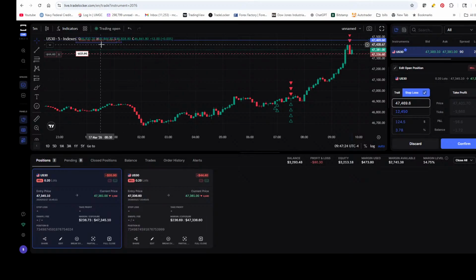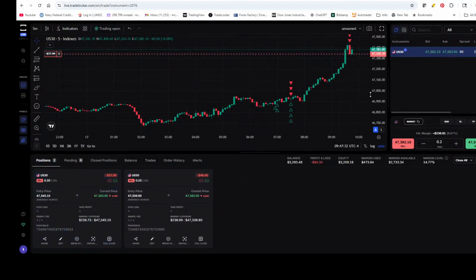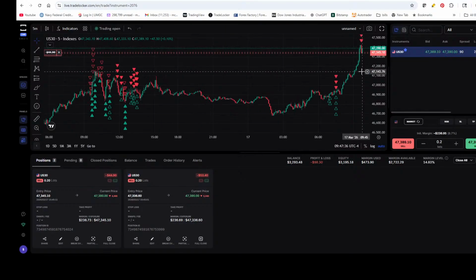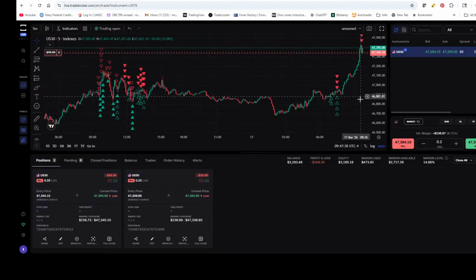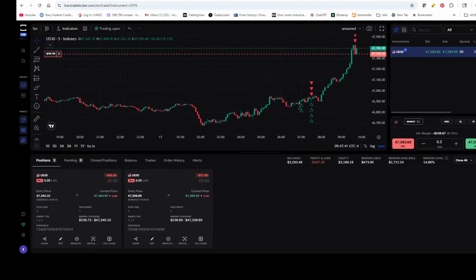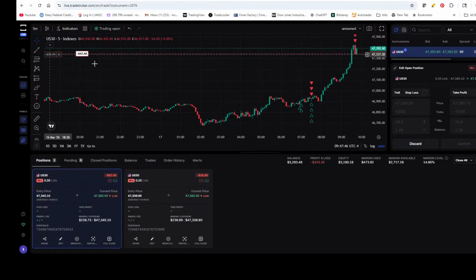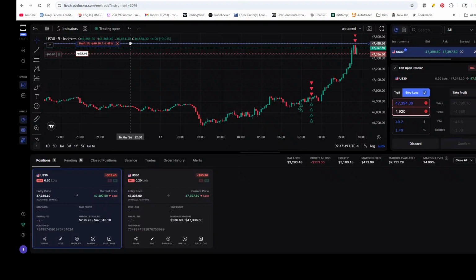You gotta give the market room to breathe. That's one thing. I'm not gonna put a stop loss just yet. I'm gonna wait because sometimes it's volatile price movement. No, I'm not gonna wait. If it knocks me out, it knocks me out.